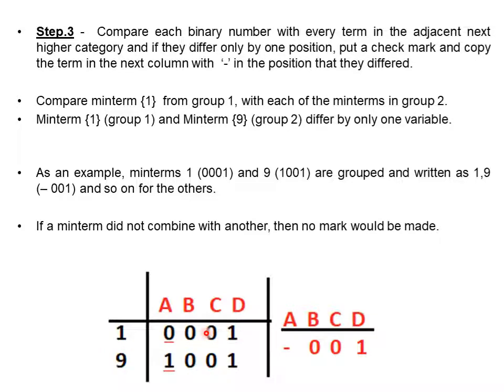Here 1 and 9 differ by a single bit change, that is only A. Here 0, here 1. So the changing bit is represented as a dash. The reduced combination from minterms 1 and 9 is written with a dash for the changing term, and the remaining 3 terms, 0, 0, 1, we write as they are.